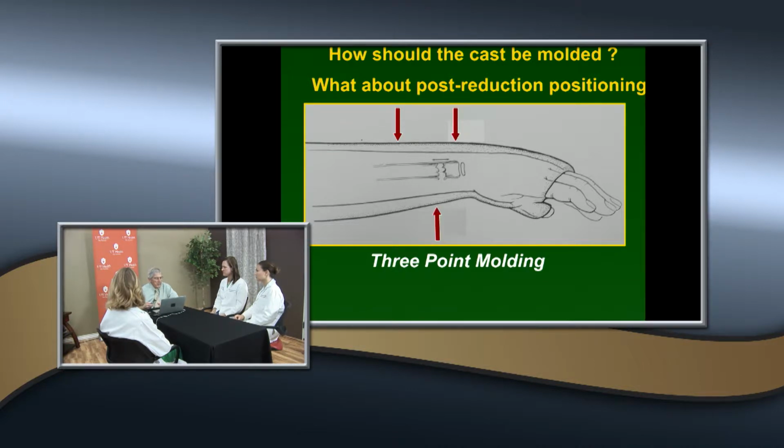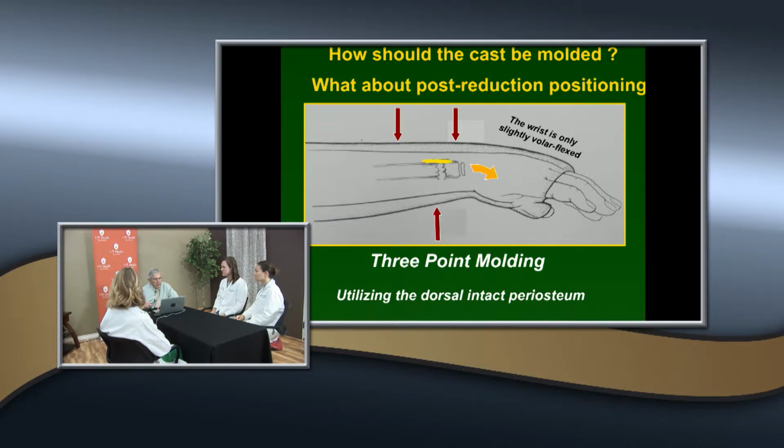That's right. Why do you mold it dorsally like this? What are you using to help? The intact periosteum. That's exactly right. You utilize the dorsal intact periosteum, and you flex it a little bit. Why do you do that? For the ligament? Well, we used to think so.